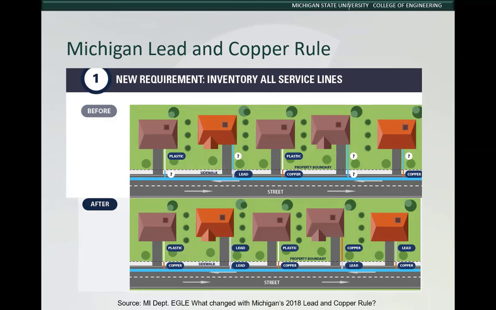And then by January 1, 2025, they are required to submit a comprehensive updated inventory, and they must maintain this inventory and every 5 years submit an updated inventory. So this is a very significant difference.